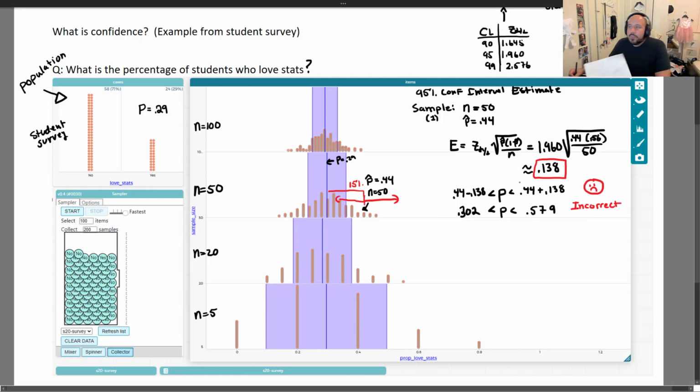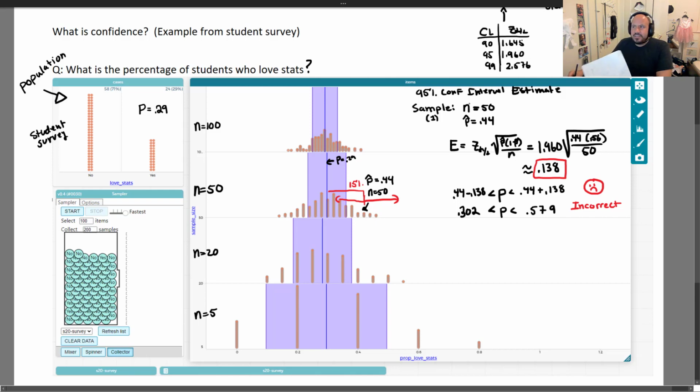And this is actually an important thing to understand when we're looking at a single result, like a single poll or a single scientific study. Even with 95% confidence, it sounds like I'm being very confident that the result is correct.